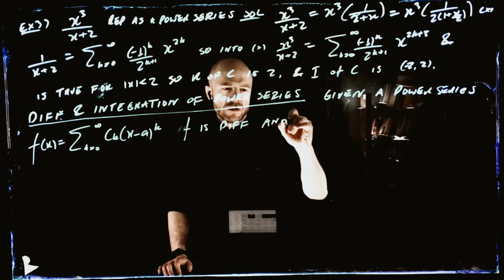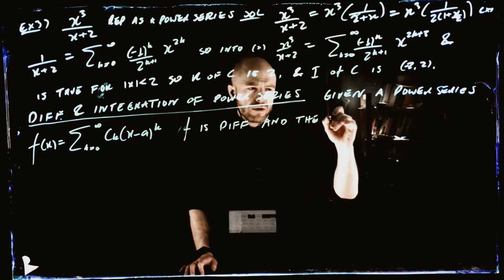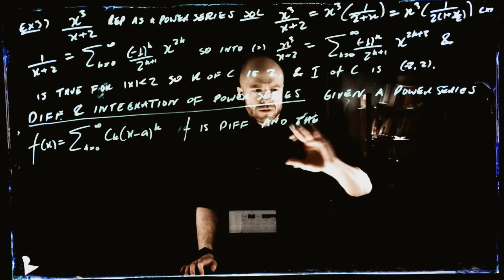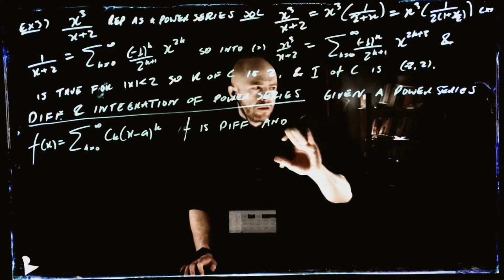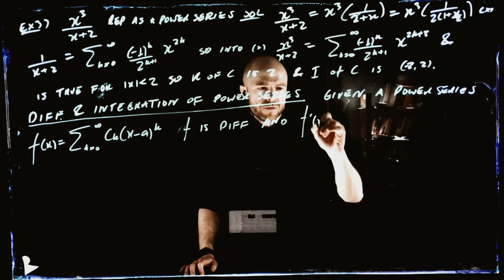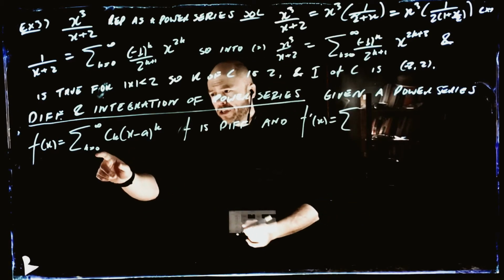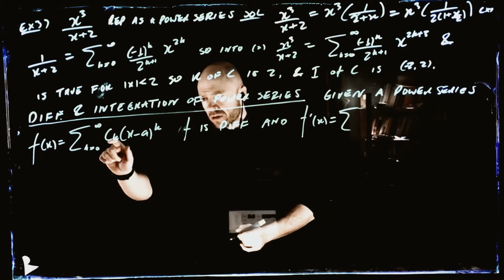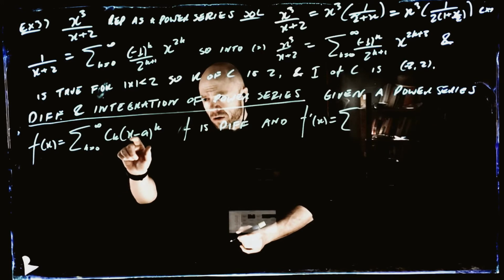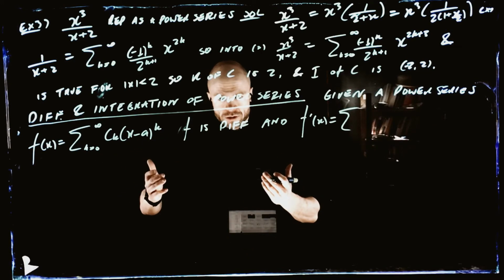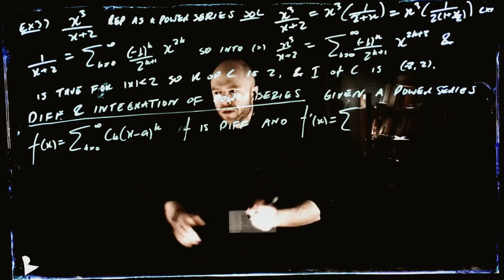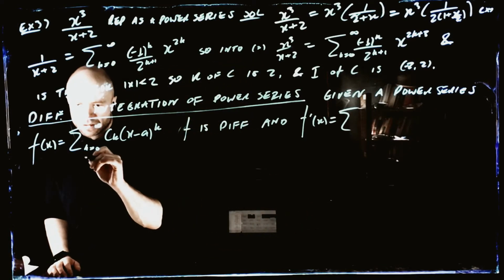And the derivative, you can just write f prime of x is given by, so if we differentiate this expression, the k equals 0 term is just c0 (x minus a) to the 0, which is just a constant term, right? So that thing just vanishes.